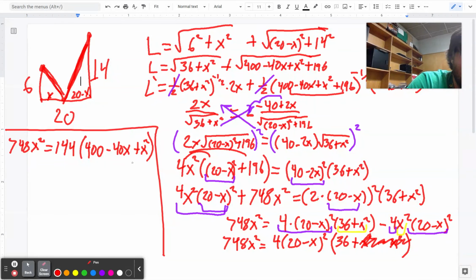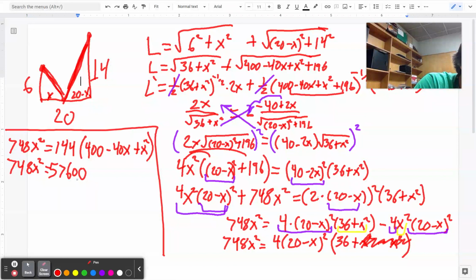Okay, so let's multiply that out. So 144 times 400 is 57,600. Actually, does 144 go into 748 before I do this? 748 divided by 144. No.